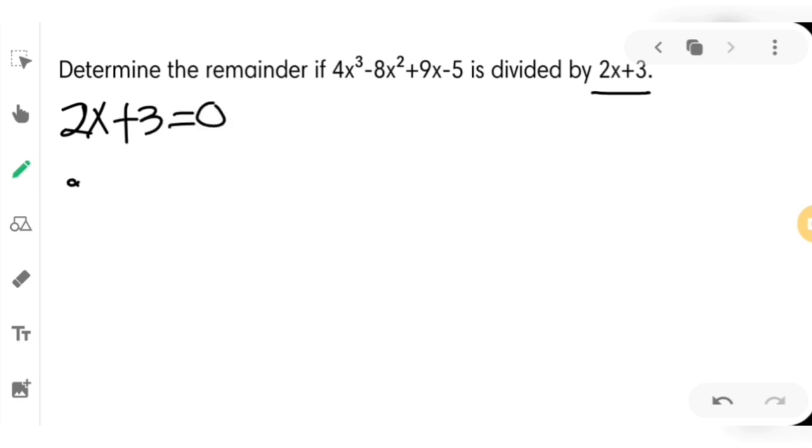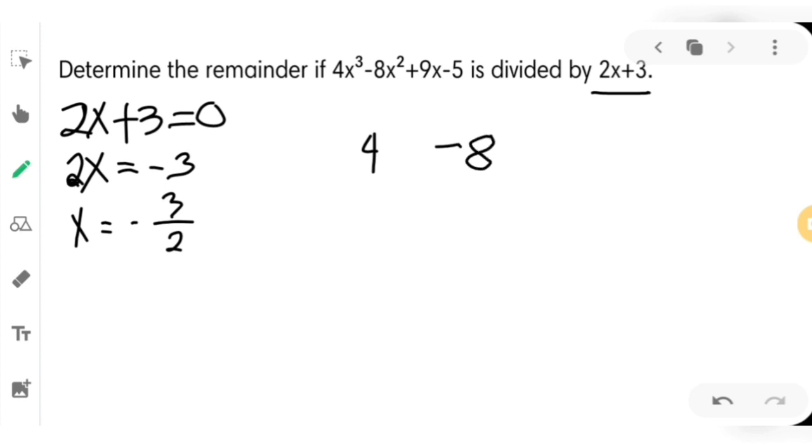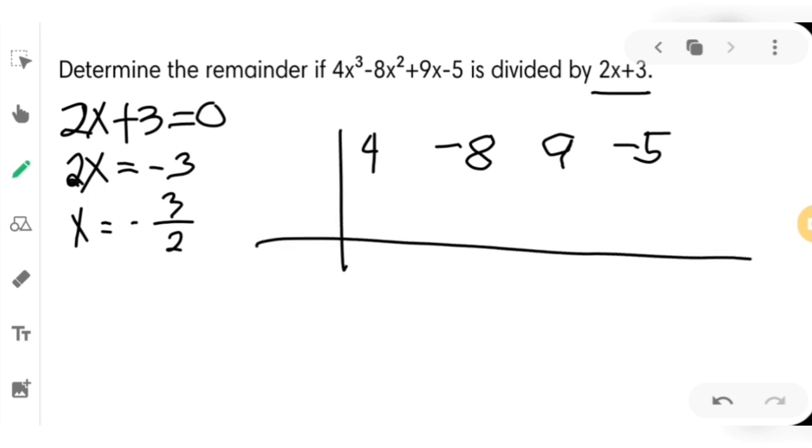So we have 2x equals negative 3, so x is equal to negative 3 over 2. Now let us use first the synthetic division. So we have 4, negative 8, 9, negative 5. Take note, we don't have a missing term. Then let us write negative 3 over 2 here.